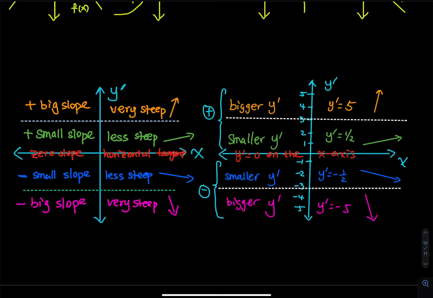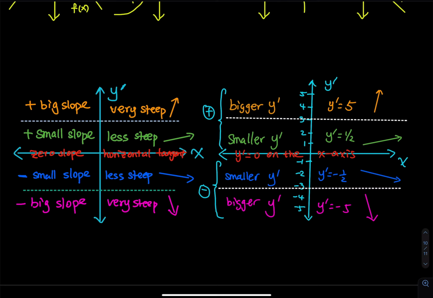And then below the x-axis, 2 regions, they are all negative. First of all, the y prime values below the x-axis are all negative. For the region closer to the x-axis, we have, for example, y prime equals -1/2. That is a smaller y prime. The slope is going downhill, but less steep.